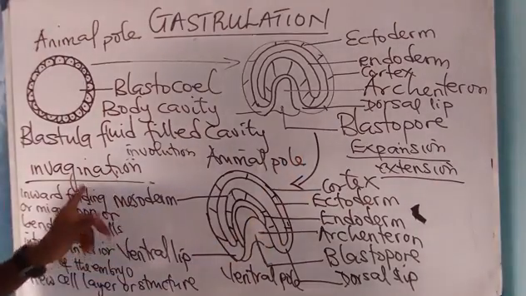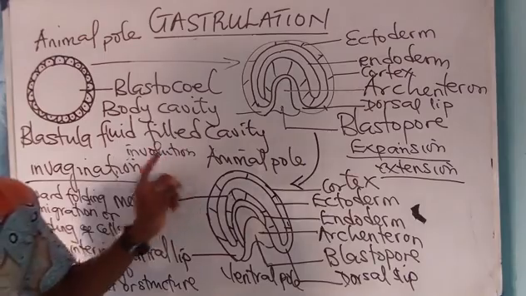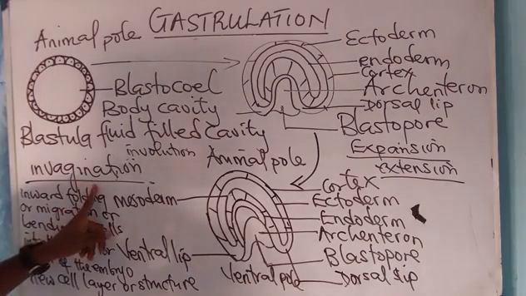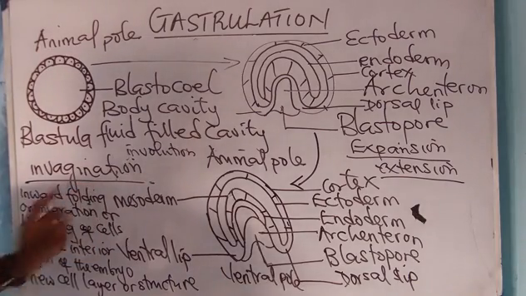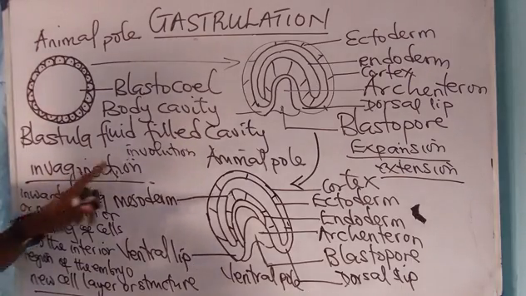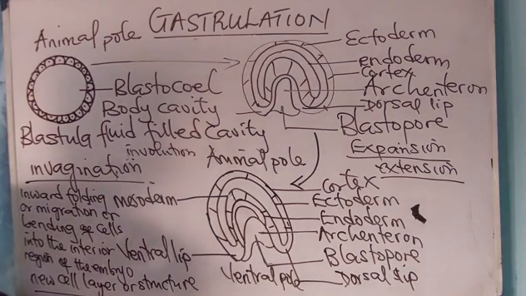It does not occur in invagination. It does not occur in involution. The difference between involution and invagination is that involution results in the formation of a new cell layer, but invagination results in the formation of a pocket-like hollow structure called what? An archenteron, or you call it a pouch.